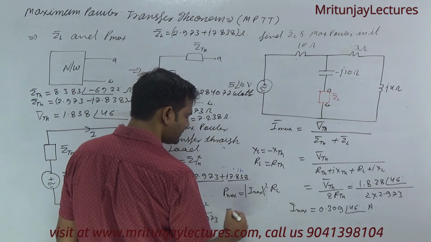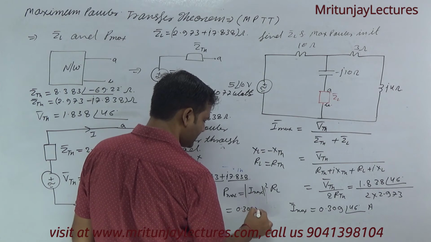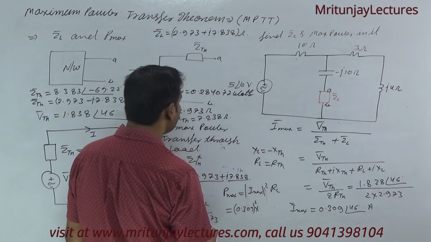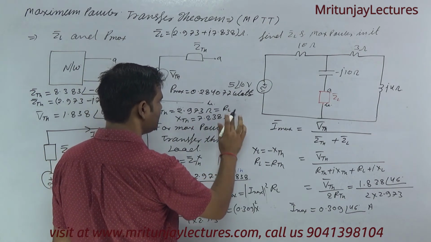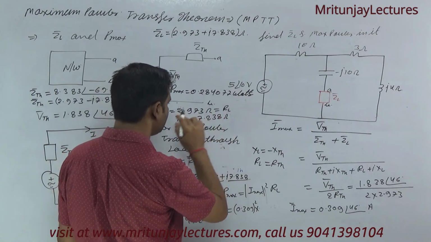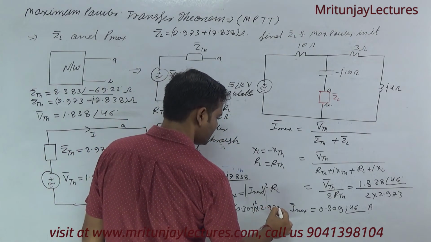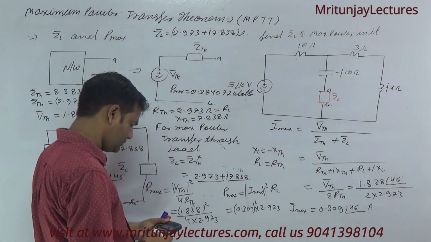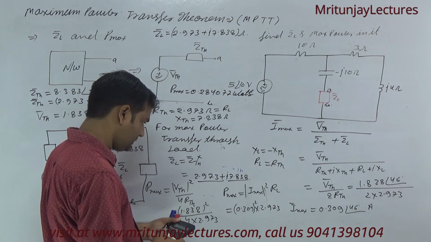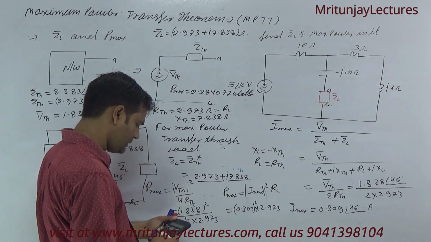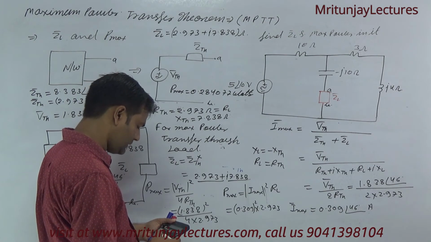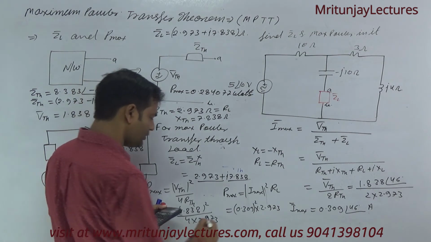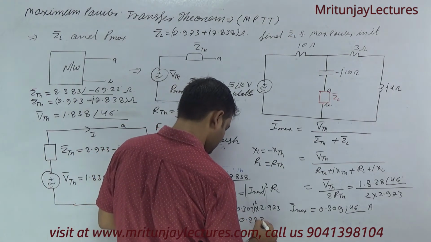RL is equal to RTH, so it is written as 0.309 to the whole square into RL, that is 2.973. So 0.309 to the whole square into 2.973, that is 0.2838 watt.